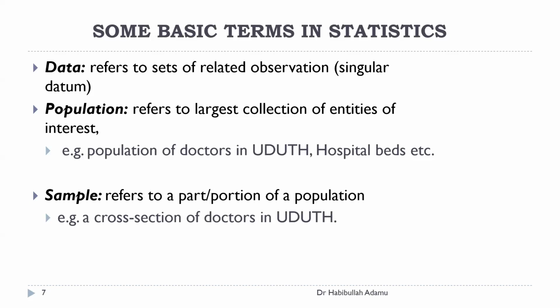So that makes your sample. Usually sample is also considered as representative sample and sample that is not representative. So a representative sample is called a random sample, meaning that it is a sample selected in such a way that each member was given equal chance of being selected.